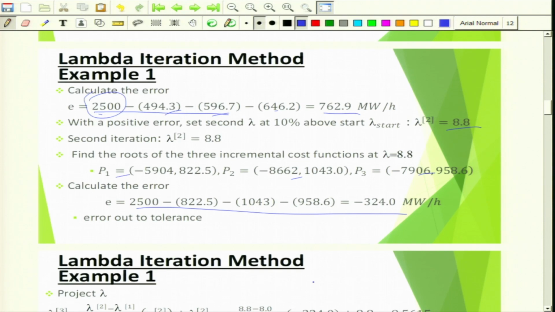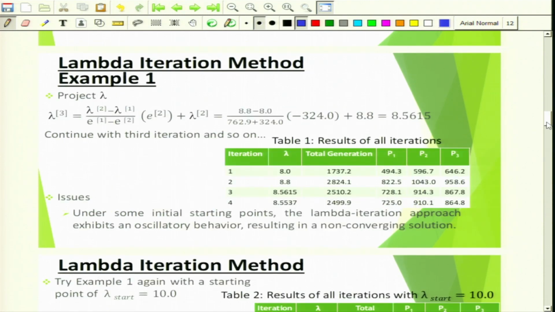Now you project the lambda. Again you can go for 10% minimum, 8.8 into 0.1, or 0.05, you can take some value, but how to project it? It is simple mathematics. Let us say you now have two sets of values: in the first iteration you have taken lambda equal to 8 and you have a corresponding error which is positive, right, and in iteration 2 you have taken lambda 8.8 and you have an error which is negative.